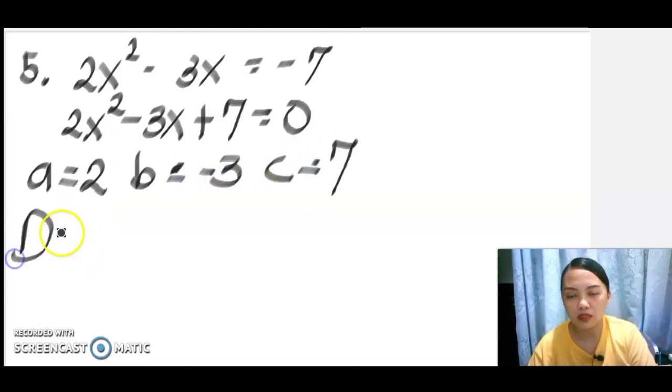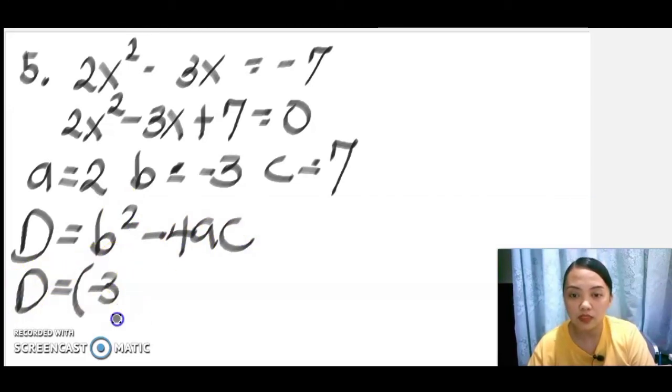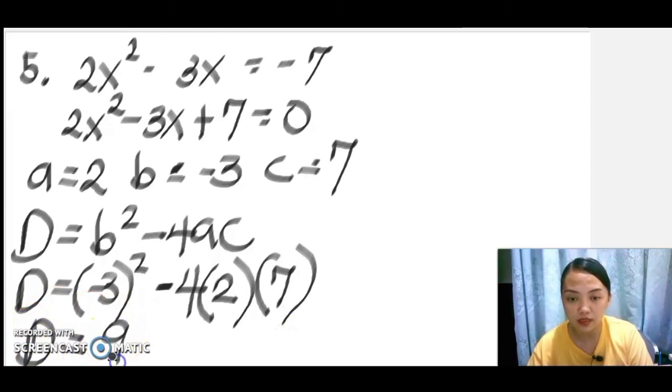So, using the discriminant formula, b squared minus 4ac. So, D is equal to negative 3 squared minus 4 times 2 times 7. So, D is equal to negative 3 squared is 9. And then, negative 4 times 2 is 8. 8 times 7 is negative 56.